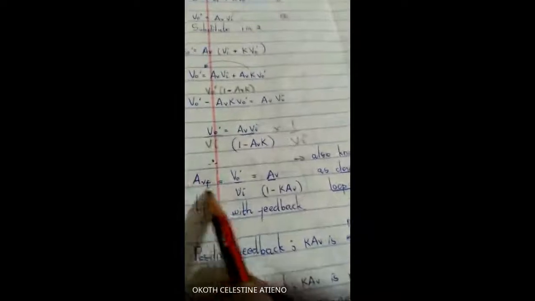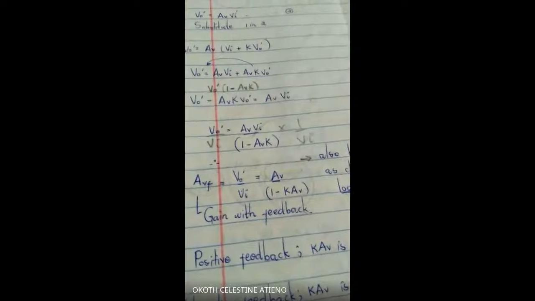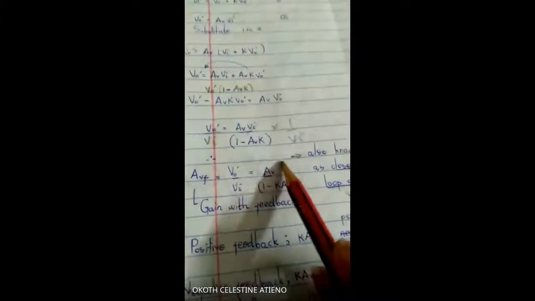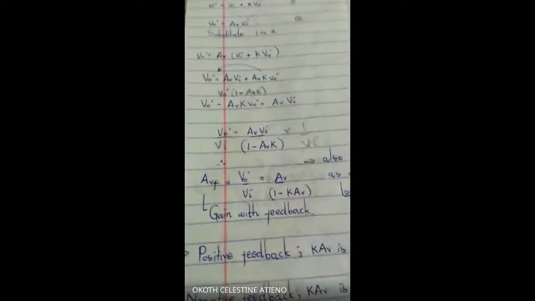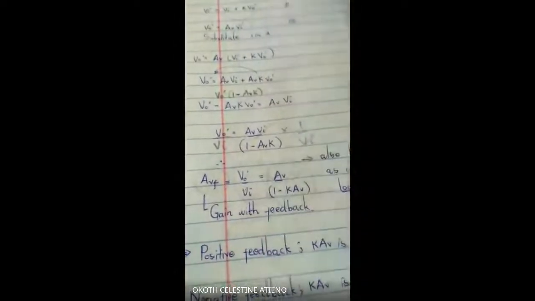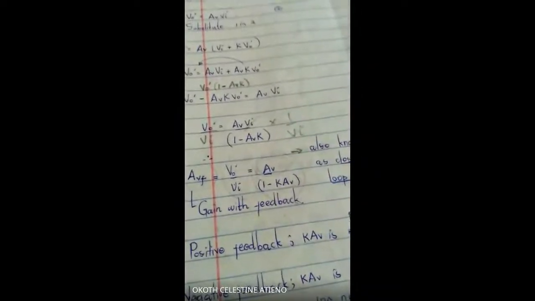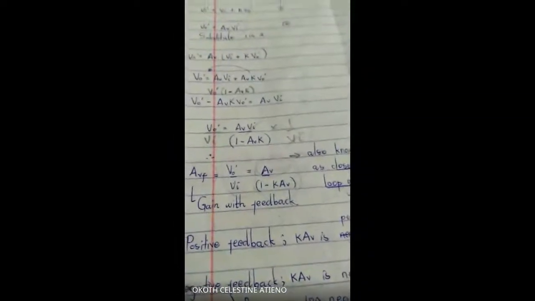So this is gain with feedback, but this other one is gain without feedback. Make sure you're very keen on that. You realize that when there is feedback, gain is reduced by this factor. I've highlighted that because it will help us in understanding bandwidth, noise and distortion. Does anybody have any questions up to there?